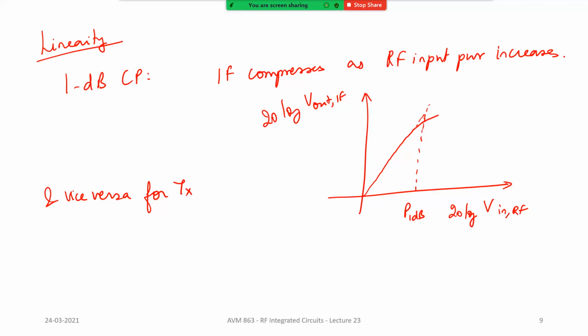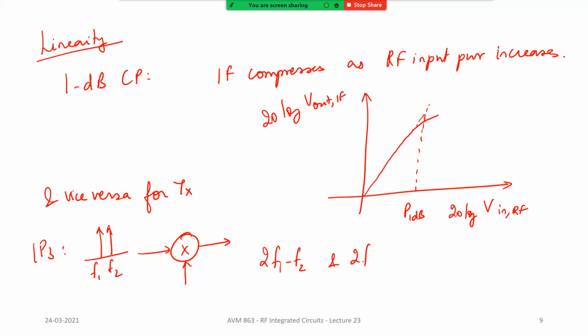Now, what about IP3? How do you define IP3? Again, you talk about a two-tone test. You have a mixer and you have, let's say, two tones, F1 and F2. Because of the non-linearity, you will have 2F1 minus F2 and 2F2 minus F1 tones.